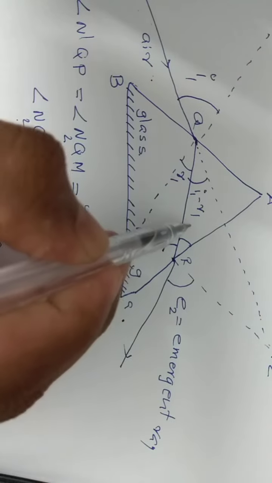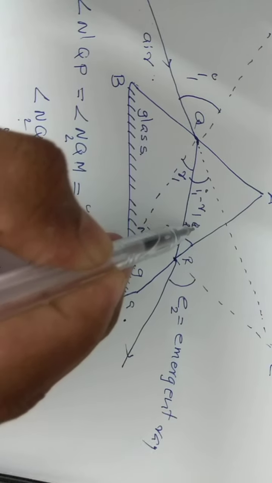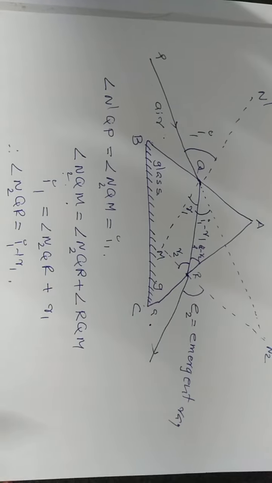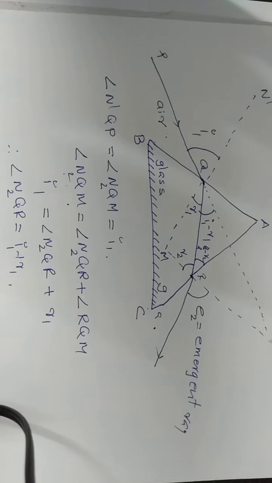Similarly, we can write E2 minus R2. This is the figure. So by using this figure, we can construct that derivation. Okay, just imagine that.